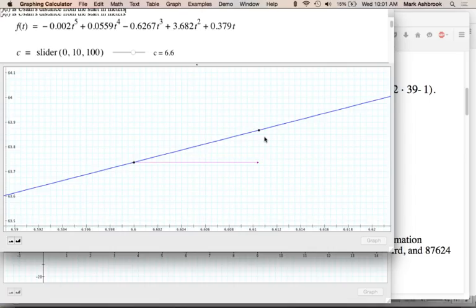Michaela Sanchez, where are you? So now we want to find the rate of change at this moment, 6.6 seconds. What do we do?